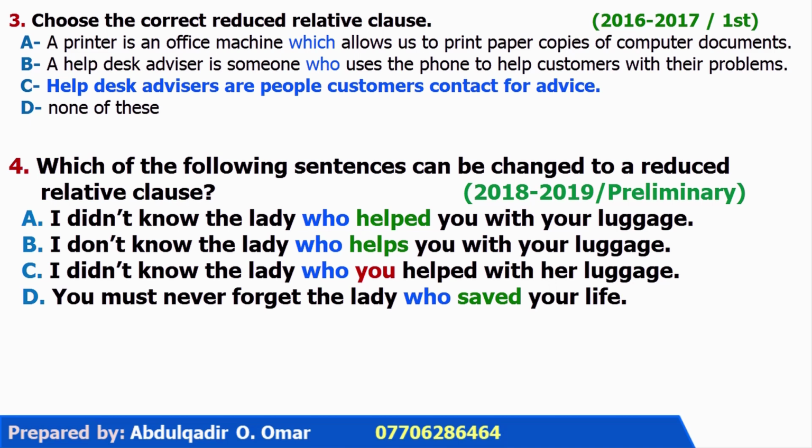That means the correct answer is C. I didn't know the lady who you helped with her luggage. We can also say, I didn't know the lady you helped with her luggage. Even without the relative pronoun, it still has the same meaning.